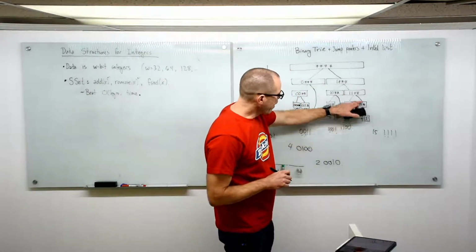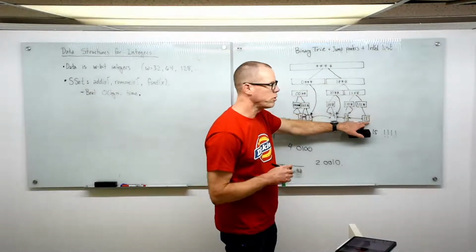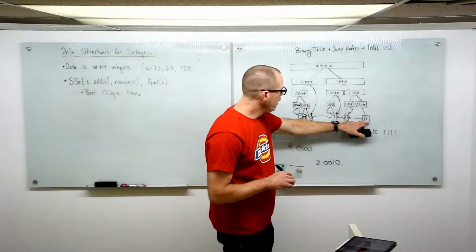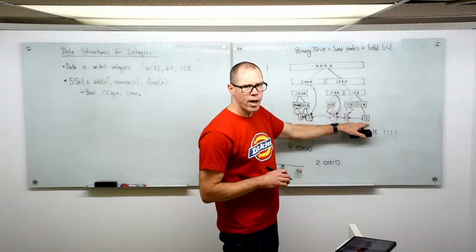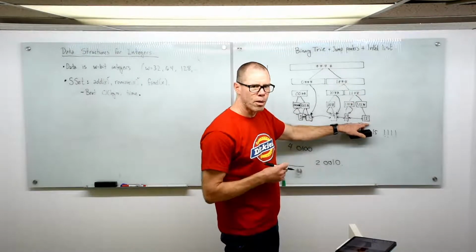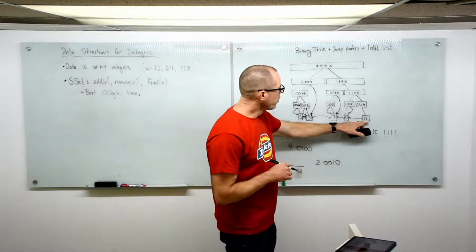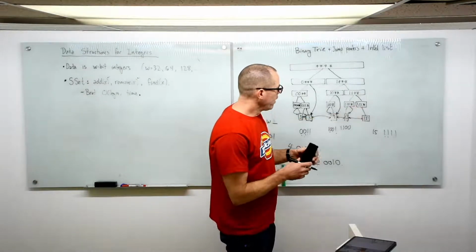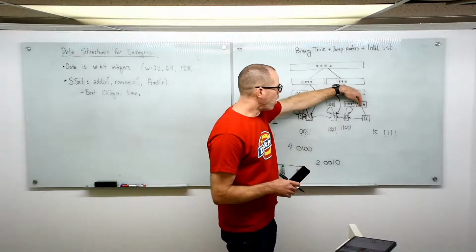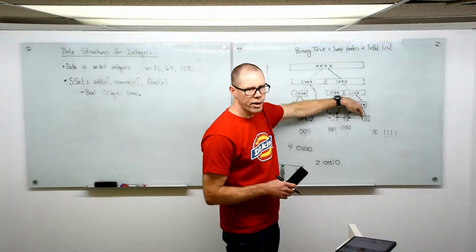And then we created a whole bunch of new nodes, this one and this one, but in general it could be a lot of new nodes. And each of those new nodes that we created has only one child, so it should also have a jump pointer. But that's easy. We know what those jump pointers point to because, for instance, this jump pointer should point to the smallest thing in the right subtree, but there's only one thing in the right subtree.